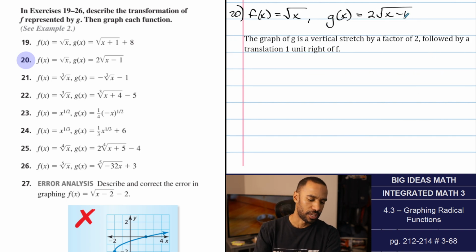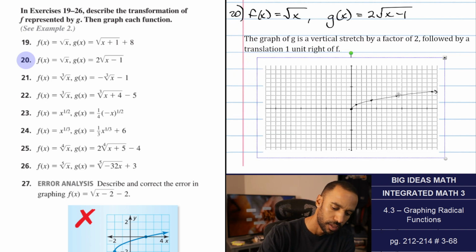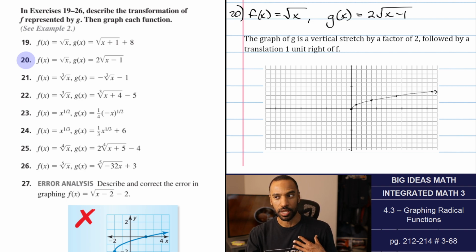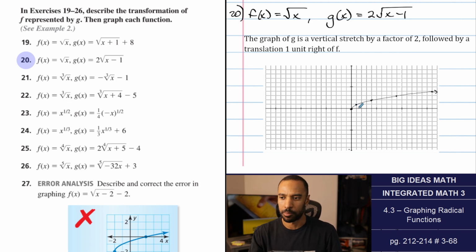Okay. So for this one, we'll take that original parent function, which is this guy, right? Same one. And I'm going to start with the translation. I already know my vertical stretch is going to apply, but I'm going to start this thing right 1 with that vertex. So now, instead of 1, 1, 4, 2, we have to double our heights.